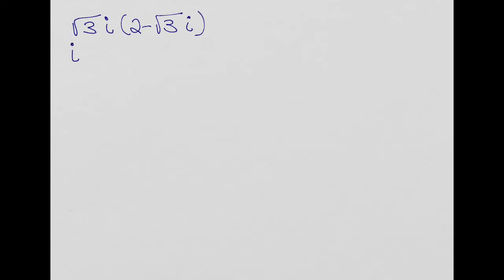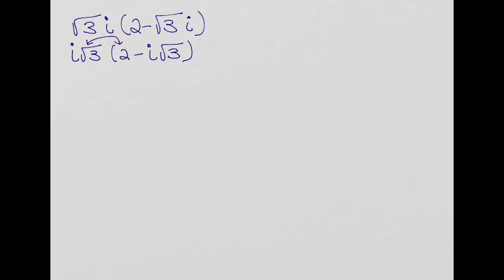So I'm going to have i times the square root of 3 times 2 minus i times the square root of 3. And that's just so that I don't confuse the i for being underneath the radical. So I'm going to switch it this way just to make sure that I keep my i on the outside of the radical.